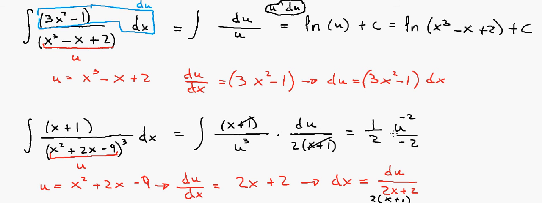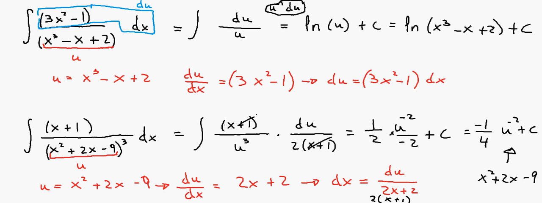The inside function down here is our u, and we repeat the process. u is x squared plus 2x minus 9. We find du dx, which is going to be 2x plus 2. Now, when you don't have exactly the derivative, but you have a multiple of the derivative, the easiest way to proceed is to find dx from the same equation.